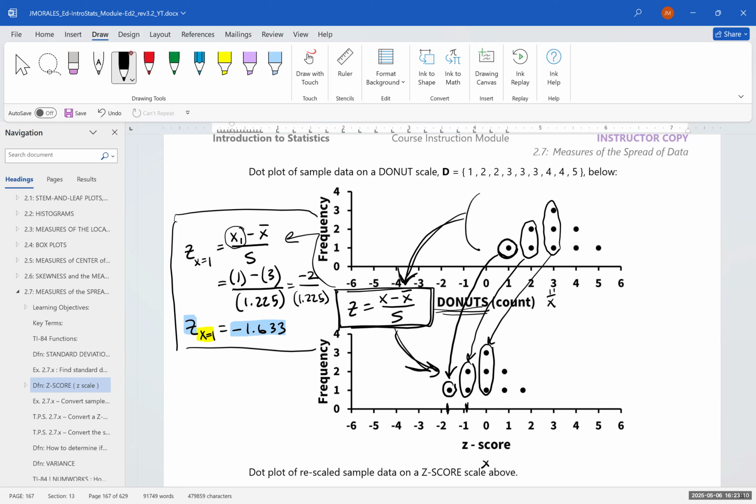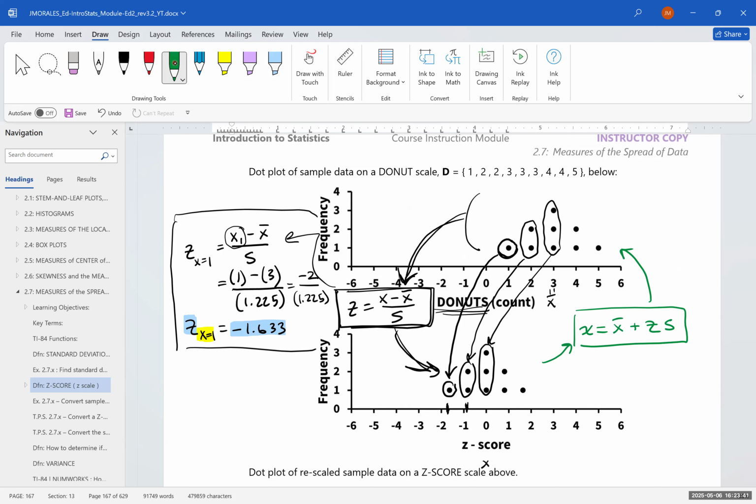But what if we had a z-score and we wanted to go back to a donut scale? Well, then the equation we're going to use is x equals x bar plus z-score times our sample standard deviation. So that'll let us convert from a z-score back into a donut scale.